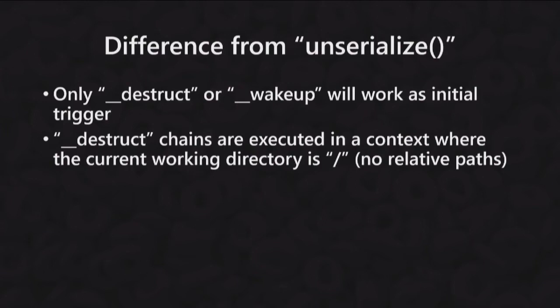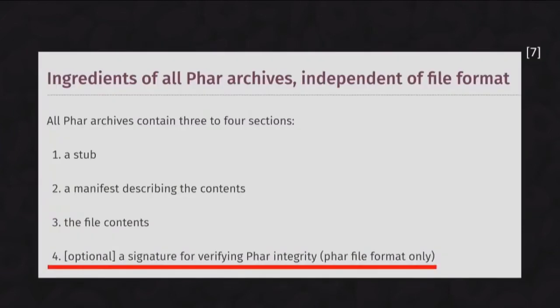And there's this unusual behavior with the destruct chains that for whatever reason the object is garbage collected, I think probably after the rest of the application has run, but for some reason it has lost the context of the application. So any file operations that we do in that chain have to use absolute paths. And the final element, well, no, sorry, I've skipped an element.